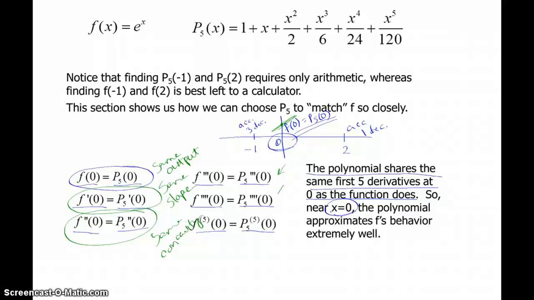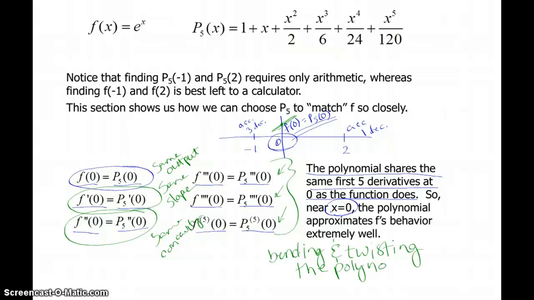But basically what we're going to say for these higher order derivatives is we are bending and twisting the polynomial to mimic the behavior of the function. And we'll see in a little bit how we do that, what that looks like, and why it's important.